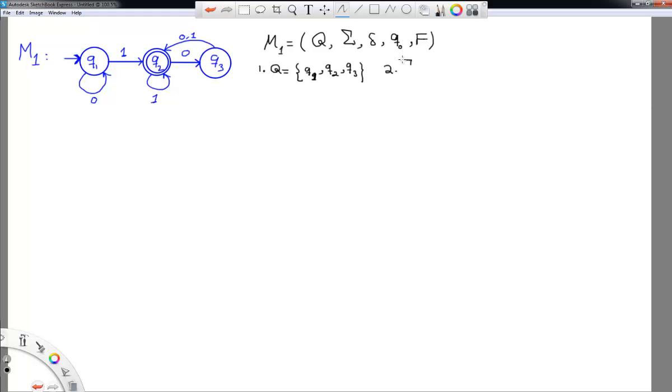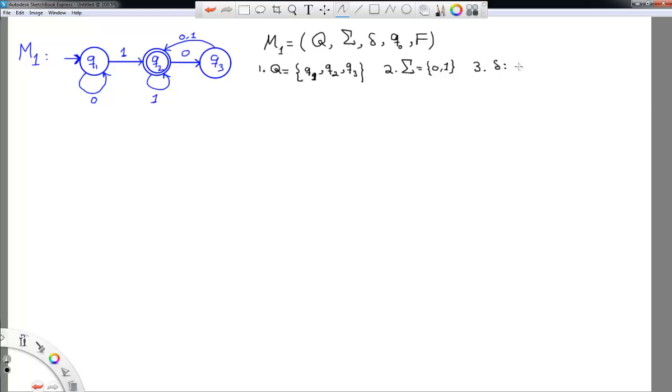The alphabet is sigma, and this sigma is a finite set of 2 symbols, 0 and 1. 3. I need to define my delta. For now, I basically just specify its range and domain, and then I'll formally define it after I finish up the other parts that are easy to do.